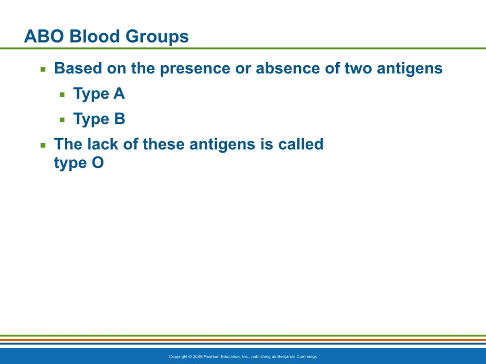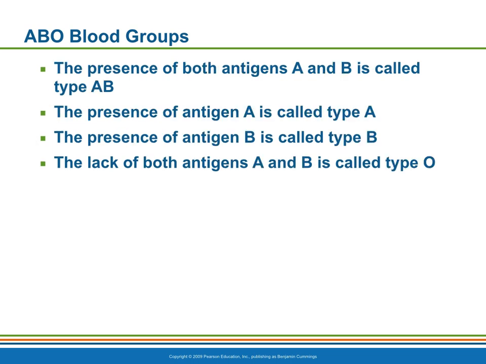The ABO blood groups are based on which of two antigens, type A or type B, a person inherits. Absence of both antigens results in type O blood. Presence of both antigens leads to type AB blood, and the presence of either A or B antigen yields type A or B blood.